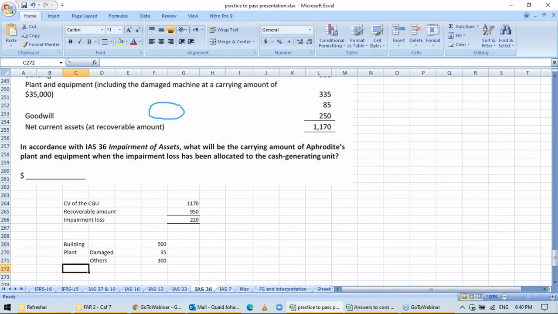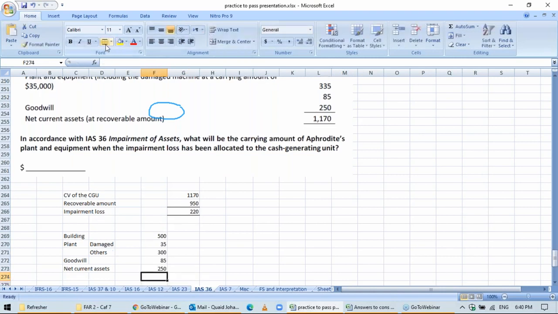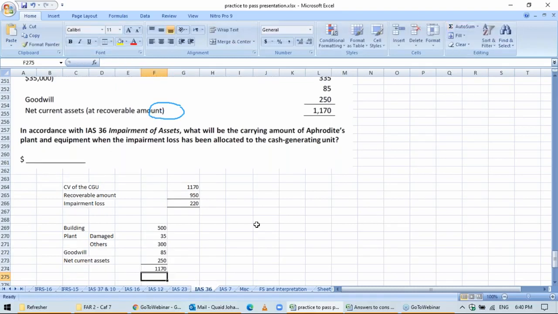Then it's goodwill and then it's net current assets. So goodwill amounts to 85,000 and the net current assets are 250,000, right? And all of these total how much? 1170.